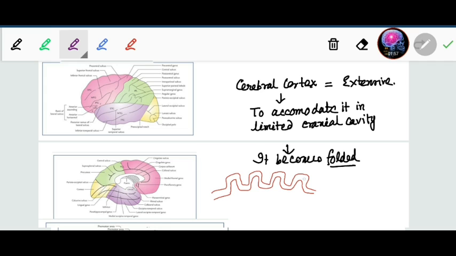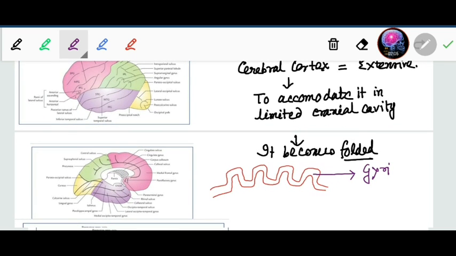These convolutions are termed gyri, or in singular gyrus, and the fissures which separate the convolutions are called sulci in plural, singular sulcus.